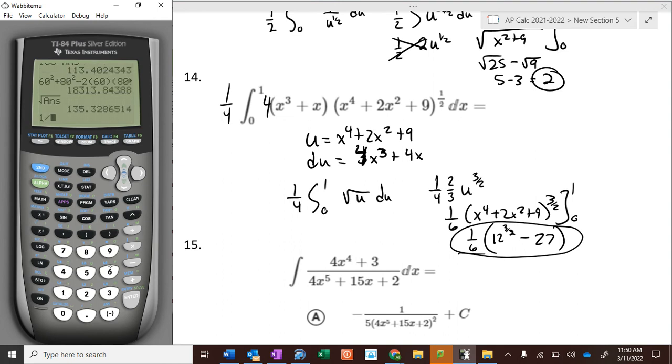So it's 1/6 times 12 raised to the 3/2 minus 27.